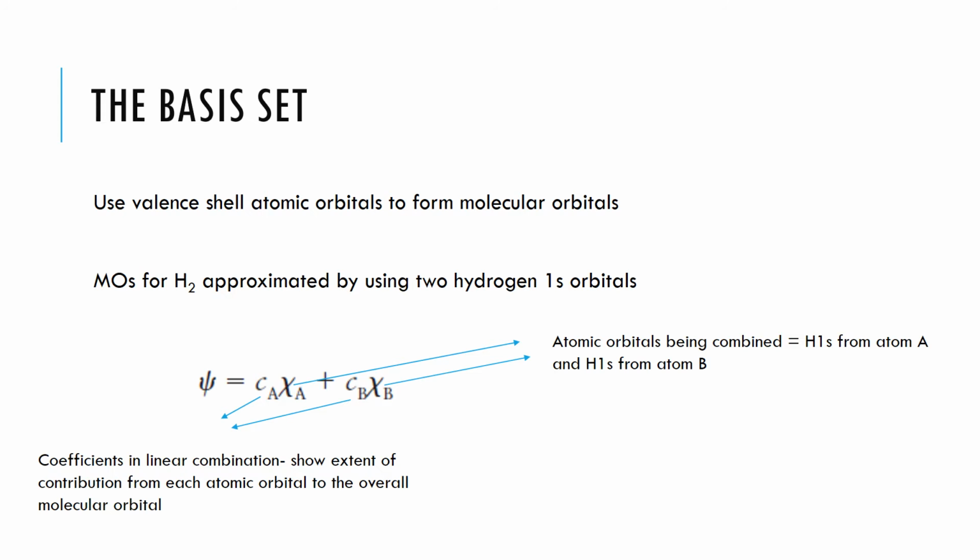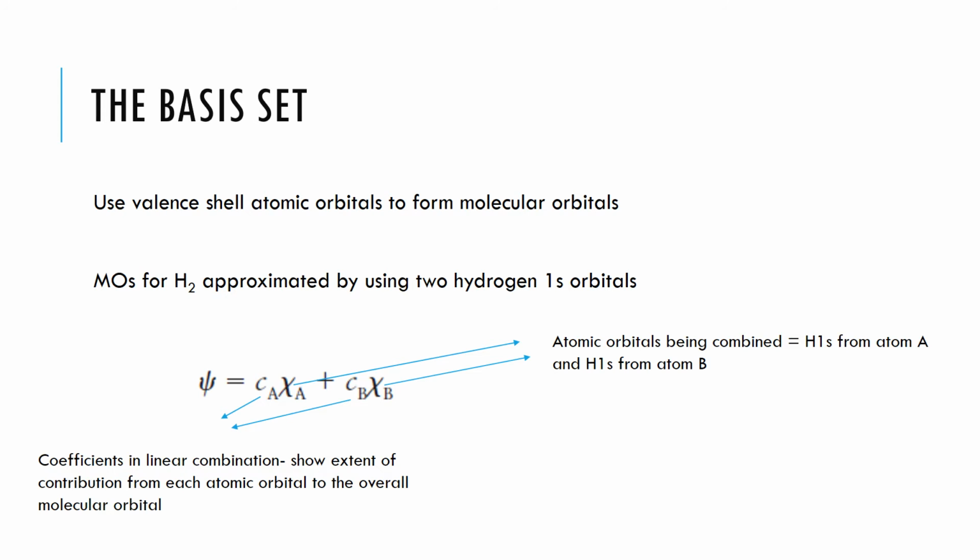So all we're saying in this theory is that two hydrogen atoms come together and their valence atomic orbitals overlap to share electrons. And when those atomic orbitals overlap, mathematically, we describe them as a molecular orbital.